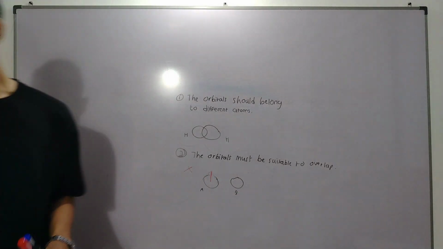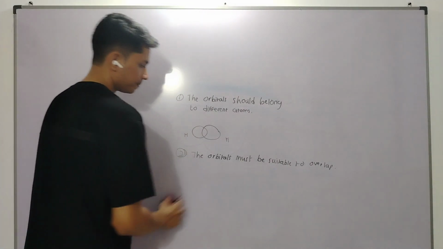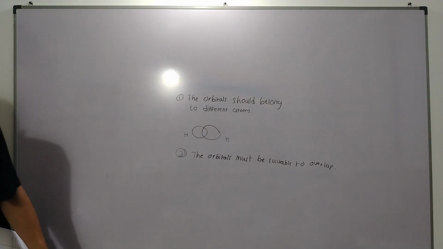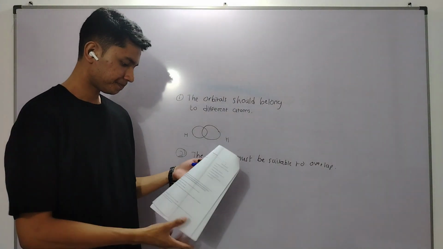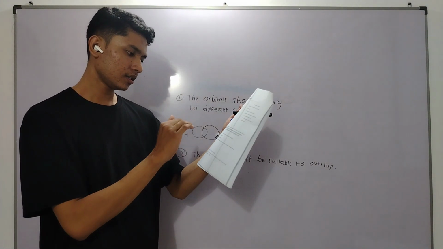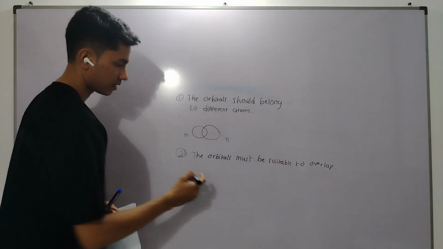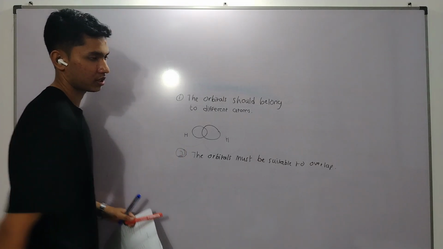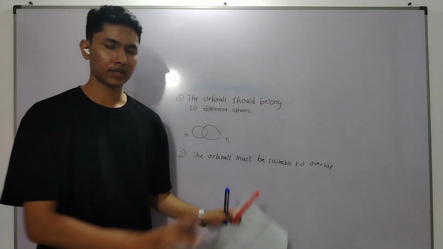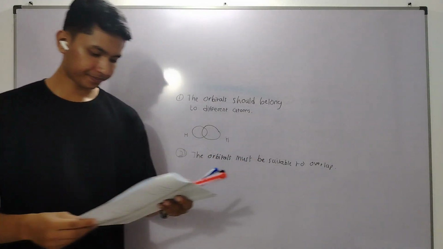So basically the second point means this: the orbitals must be suitable to overlap. Under this second point, you should draw what I drew. You can rewind the video and draw the orbitals, how the electrons are arranged on those orbitals, and fill that space.